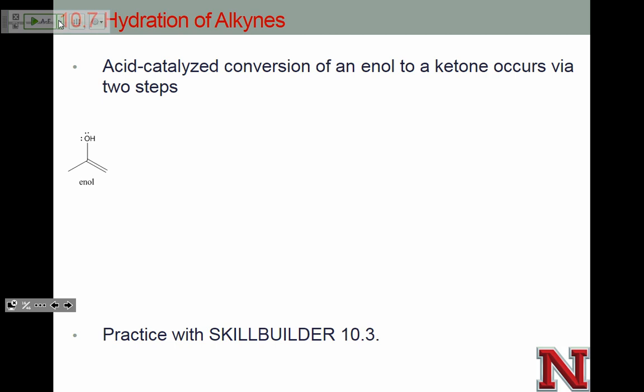So here we have our enol, and we have acid. And this is being shown by H3O+. Typically we're using H2SO4 because the conjugate base of our H2SO4 is a negative that's very stable and it's non-nucleophilic.